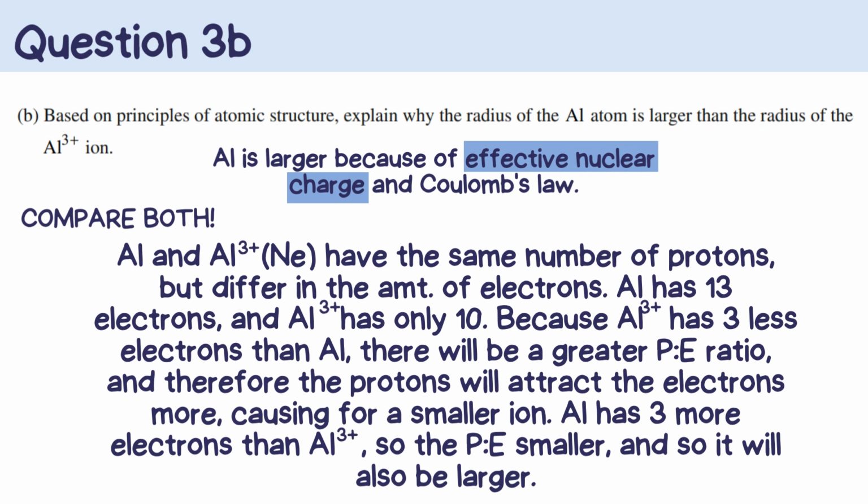Because aluminum 3 plus has 3 fewer electrons than aluminum, there's a greater proton to electron ratio, so there are more protons than electrons, and the protons can pull the electrons in more, causing a smaller ion. Likewise, the aluminum atom is larger because since it has more electrons, the ratio of protons to electrons is much smaller, making the force pulling the electrons in weaker, and so the atom will be larger in comparison.